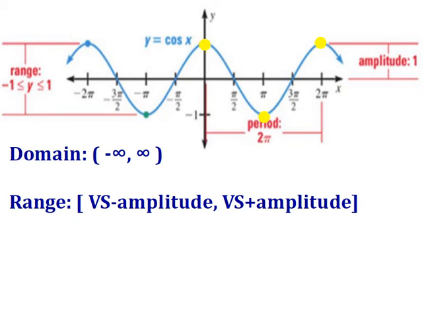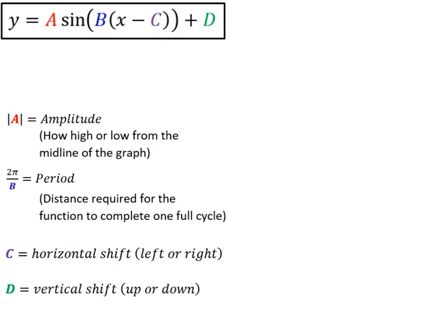So now that we've gotten a little bit more acquainted with what they look like, let's look at the equations for these. So our general equations are going to look like this. Y equals A out in front, sine of B in front of X, X minus C plus D. Now notice plus D is on the outside. The absolute value of A is going to be your amplitude.